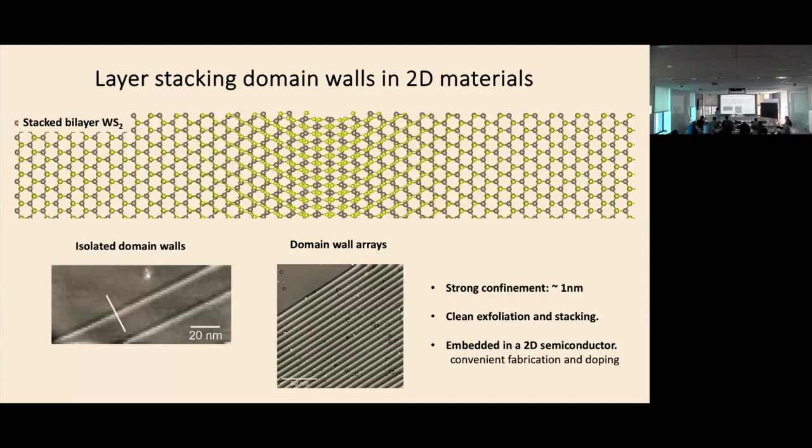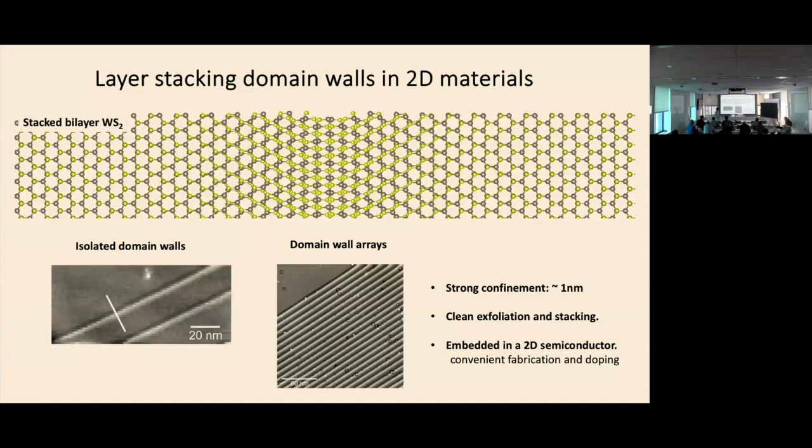And compared with carbon nanotubes, this also has the advantage that it can be made much cleaner. An ideal nanotube is very clean, but once you start to make a device out of it, through fabrication, there tend to be a lot of adsorbates, and those disorders dominate almost everything that you want to measure.